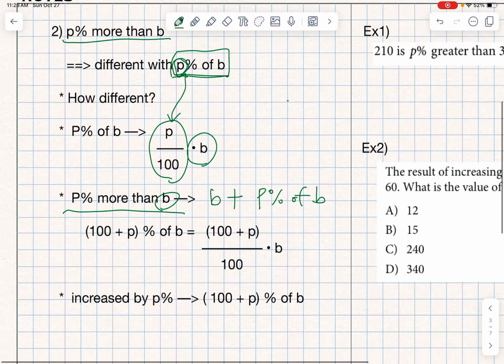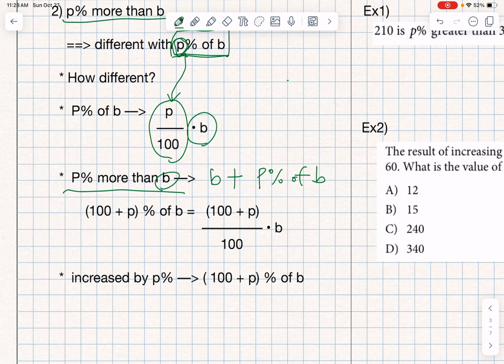So if you are adding p% of b, b was originally there, and you're finding p% of b and adding it to the b, then the original amount b represents 100%. So you add 100% to the p%, and the total percent will be 100 plus p% of b.